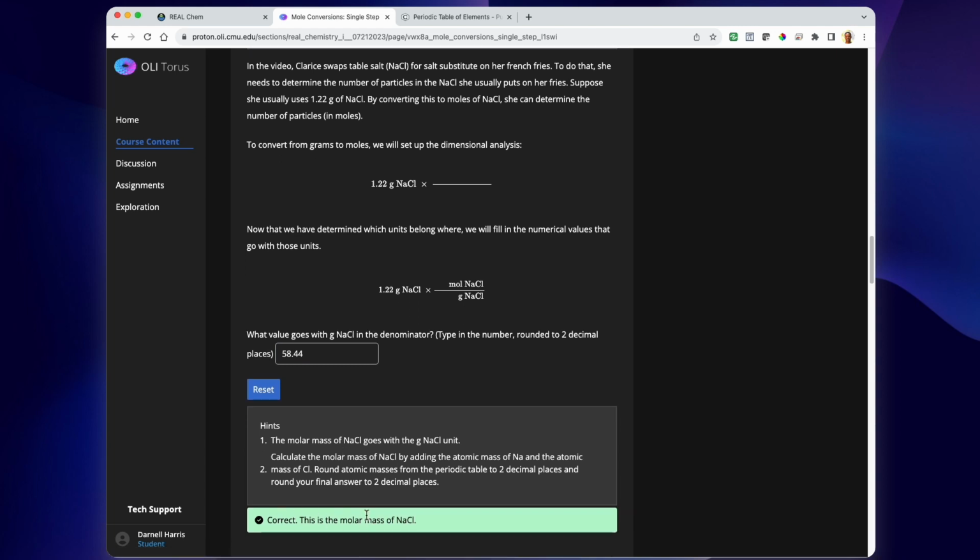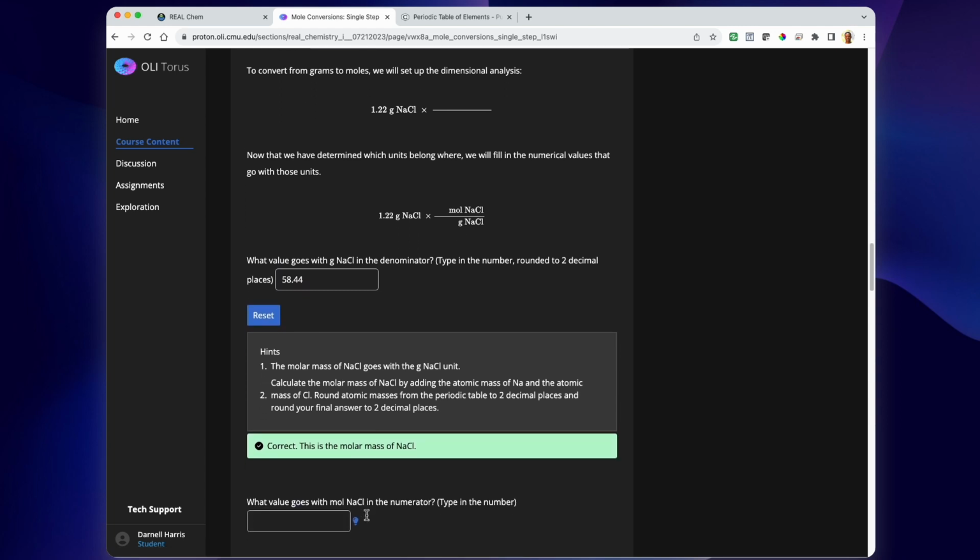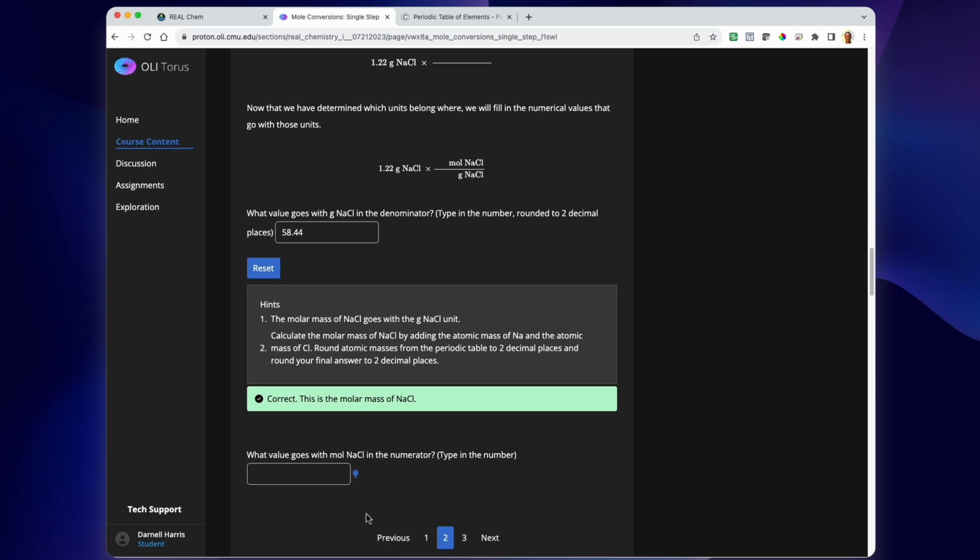Great, got it right. Now I'm asked what value goes with moles of sodium chloride in the numerator. So what number goes up there? Well, why would there be any number? Isn't that what I'm trying to calculate? I'm a little confused.